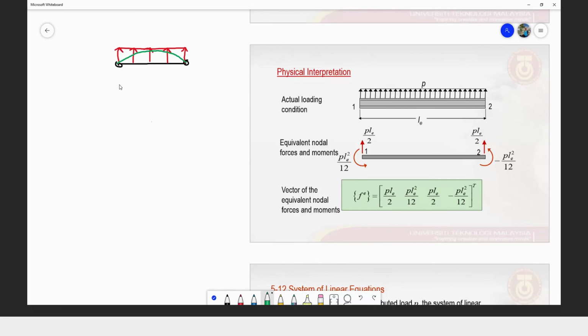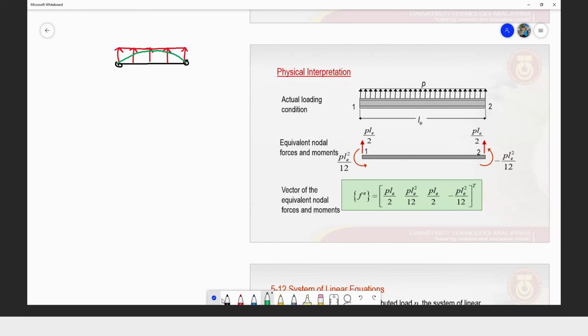So bahagian tengah dia akan melentur ke atas. Maximum point occurs somewhere at the midpoint of your ruler kan. So that's actually representing similar cases where the ruler is subjected to a uniform distributed load in upward direction.